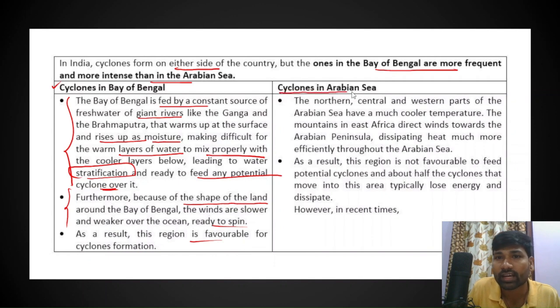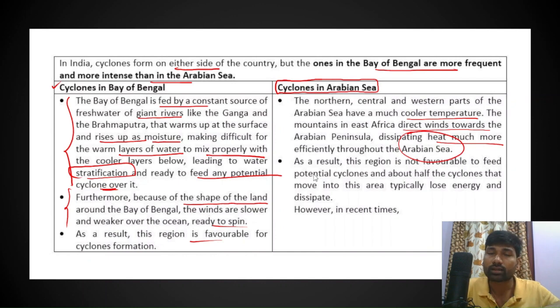But on the other hand, if you look at cyclones in the Arabian Sea region, the northern, central and western parts of the Arabian Sea have much cooler temperatures, and the mountains in East Africa direct winds towards the Arabian Peninsula. Therefore that results in dissipating the heat much more efficiently throughout the Arabian Sea.